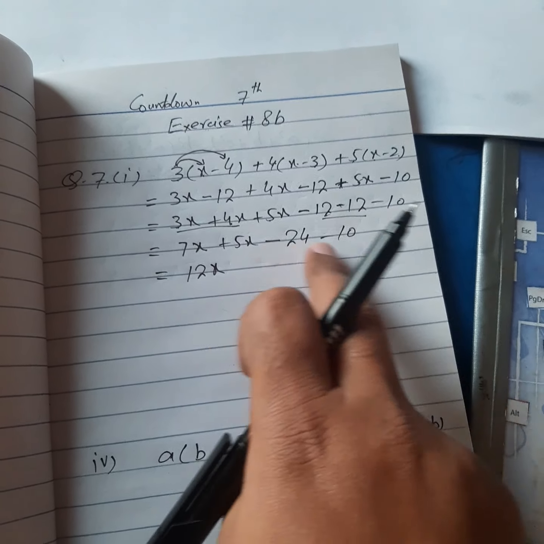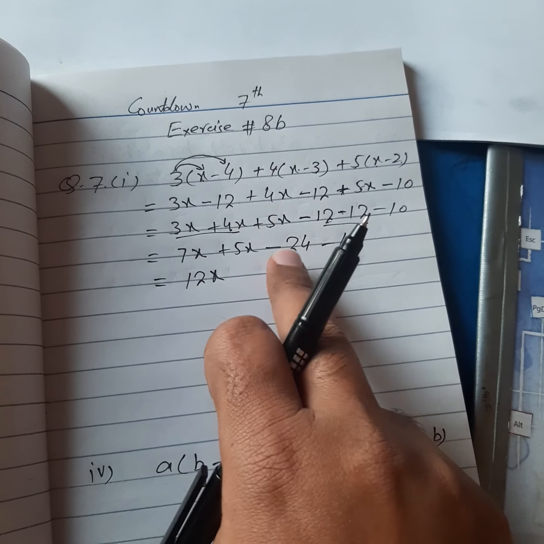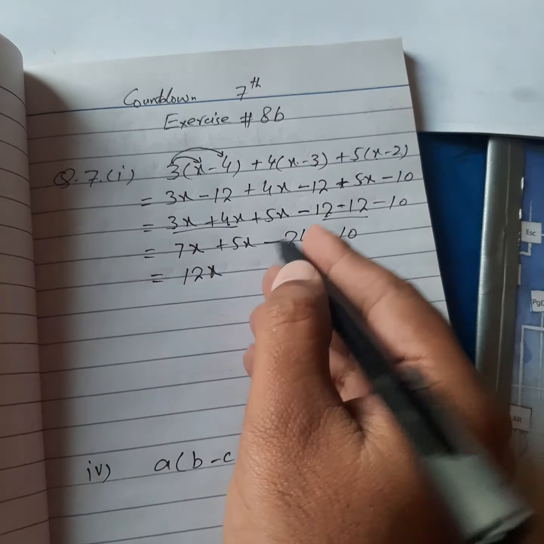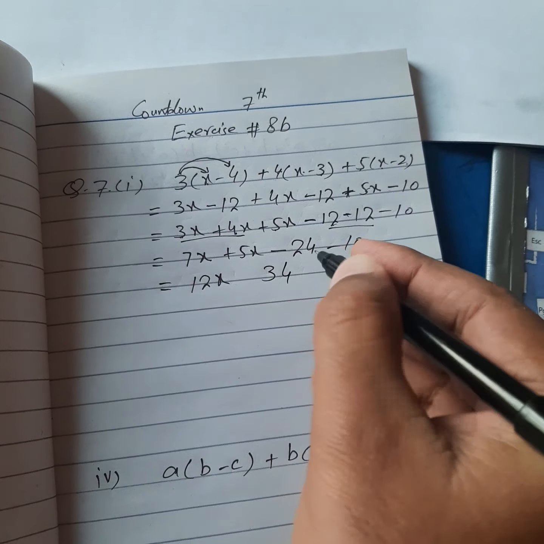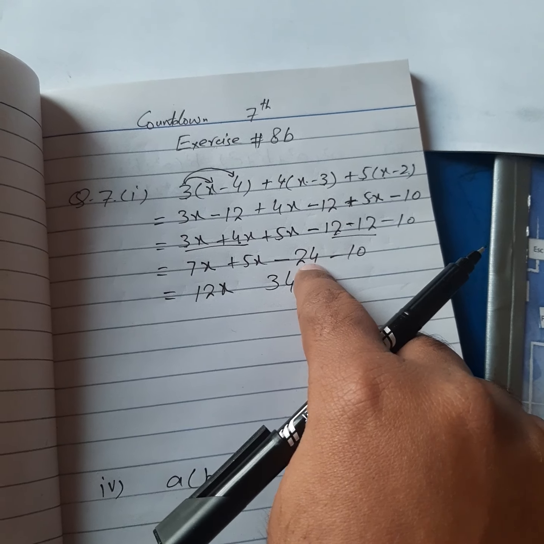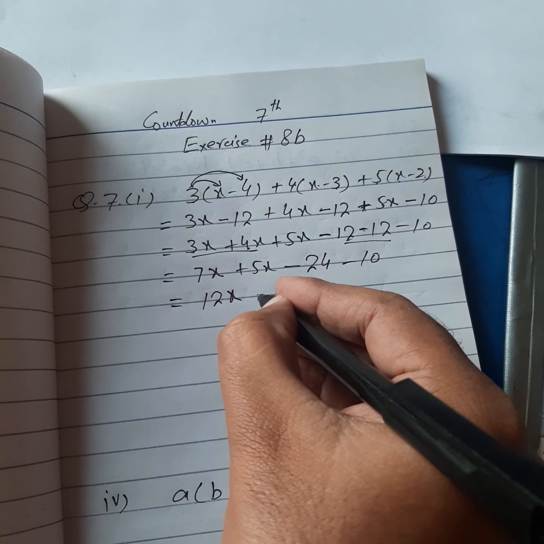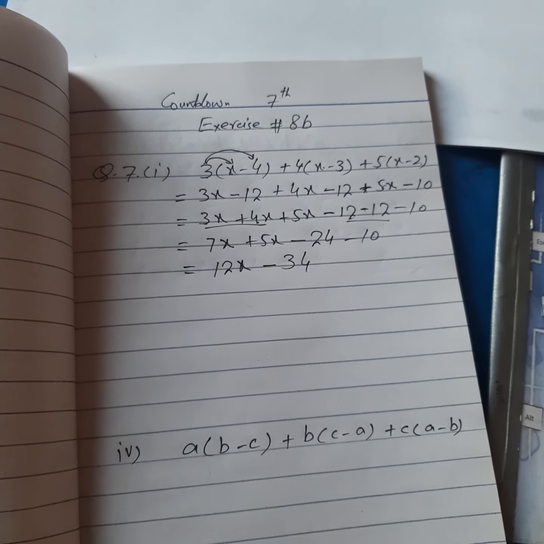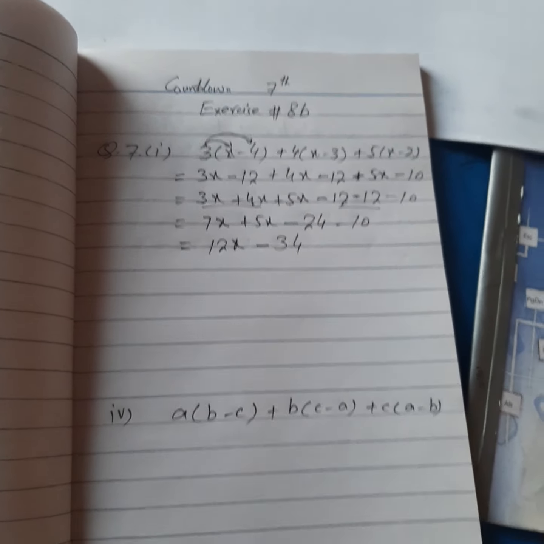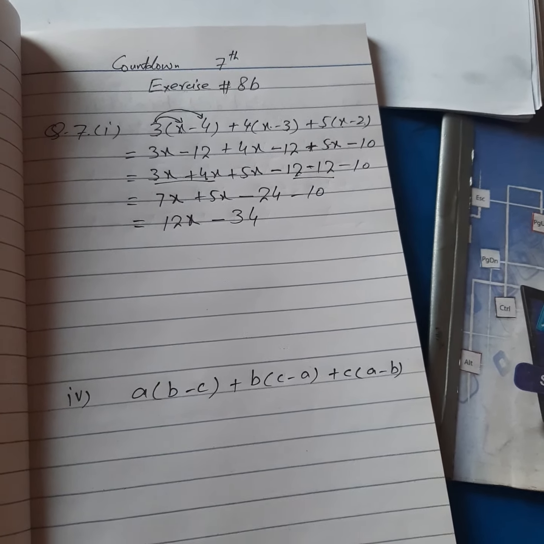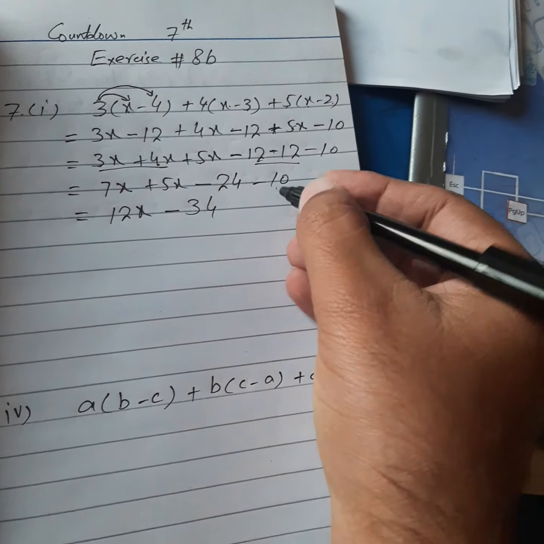Now next, both have the same signs, so we add 24 and 10, it's 34. Which number is greater? 24 is greater, so we use the sign of 24, that is negative. So this is the result of question number 7 first part.